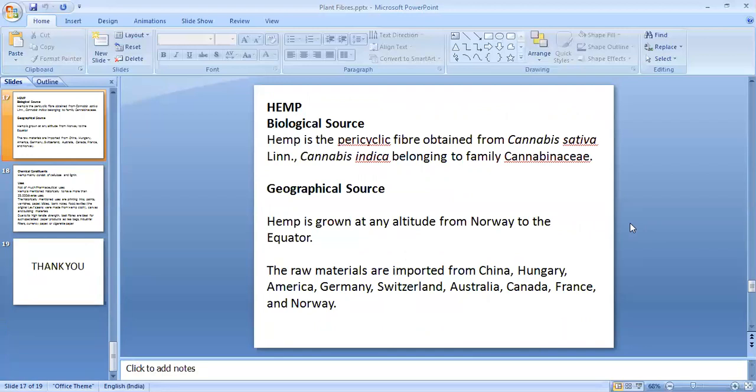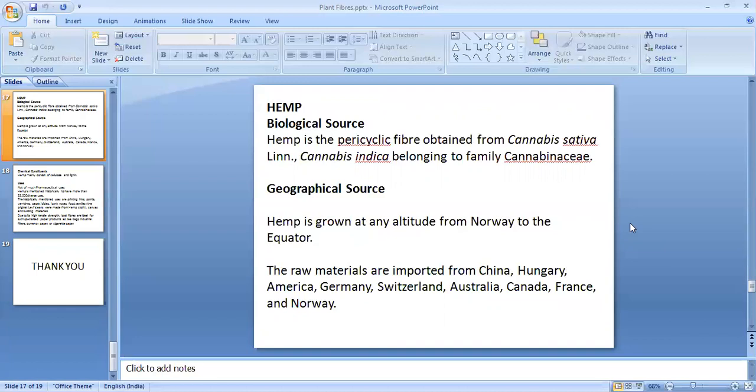So you know very well the flowering tops of cannabis are used as different preparations called ganja, bhang, hashish, and all those things, which contain tetrahydrocannabinol, which is a psychotropic substance.